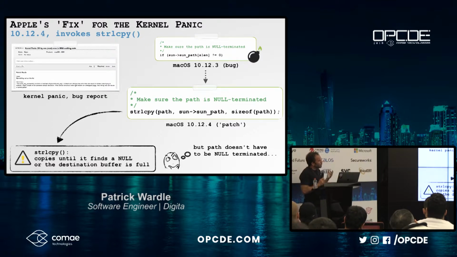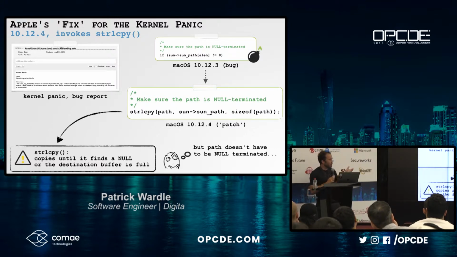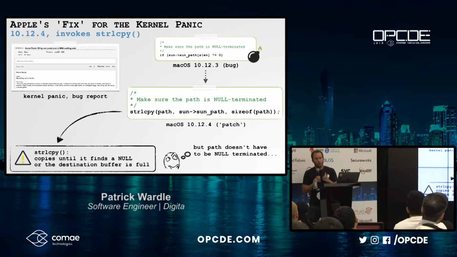But if we look at the patch, we can see that the way they decided to fix this was by using a strlcpy. Now, as their comment notes, they say make sure the path is null terminated. And if you're familiar with strlcpy, it's basically a safe strcpy, which means it'll never overflow the buffer, but it will keep copying until it finds a null termination.